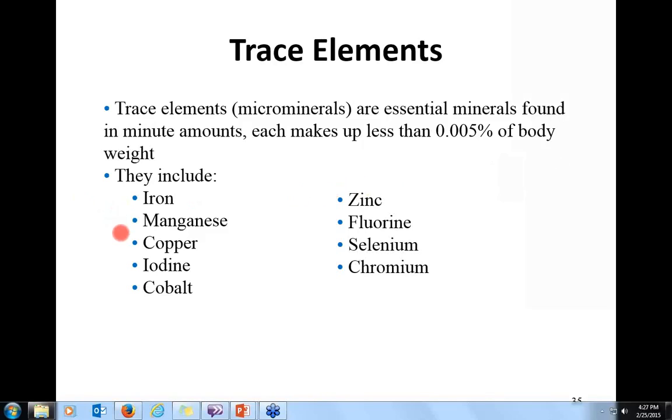So iron, manganese, copper, selenium, chromium. You might have seen these in your multivitamin if you've taken them. Sometimes multivitamins contain minerals. Iodine, naturally, there's no good way to ingest that, so that is why it's found in salt.